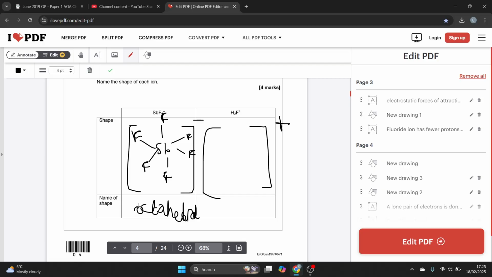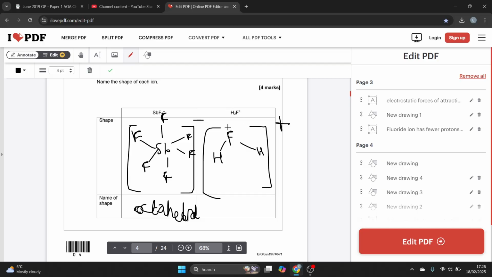H2F+: hydrogen bonded to fluorine, and then it's going to have, no, it's not that, it's the other way around. I've got 2 hydrogens, only 1 fluorine, so I'm going to remove that. So you've got F, hydrogen, and fluorine is in group 7, isn't it? Yeah, fluorine, iodine, chlorine.